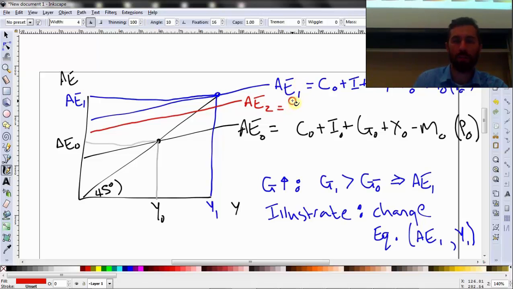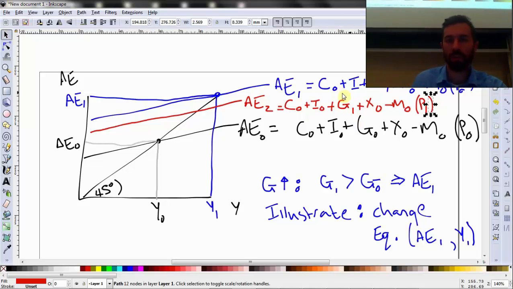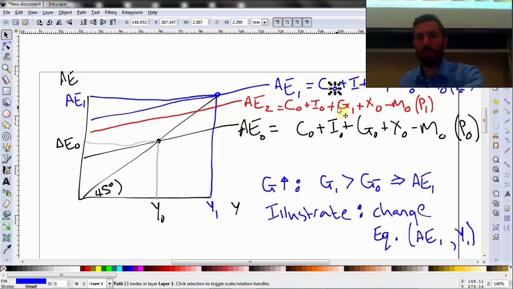So now we have C0 plus I0 plus G1 plus X0 minus M0 at P1.